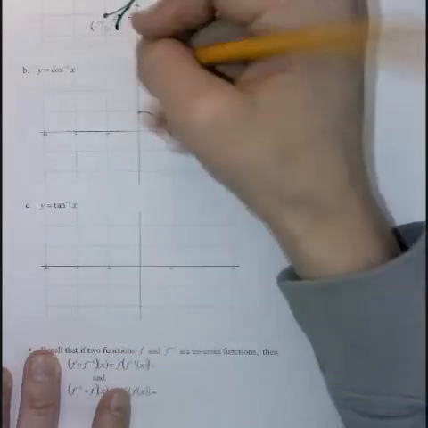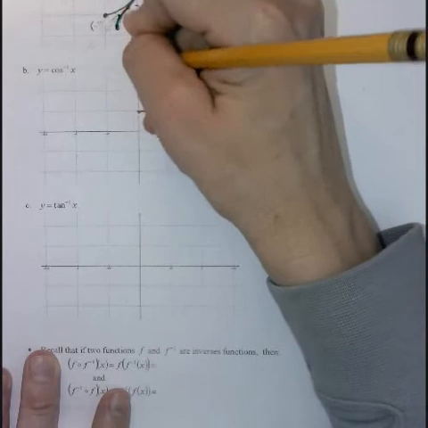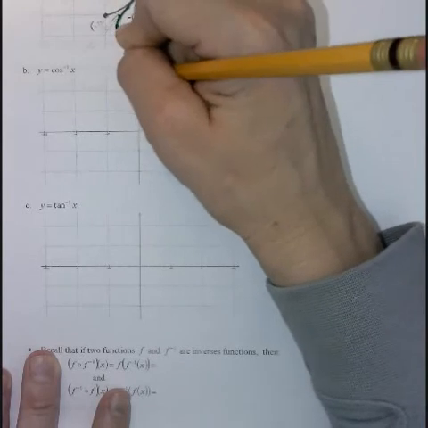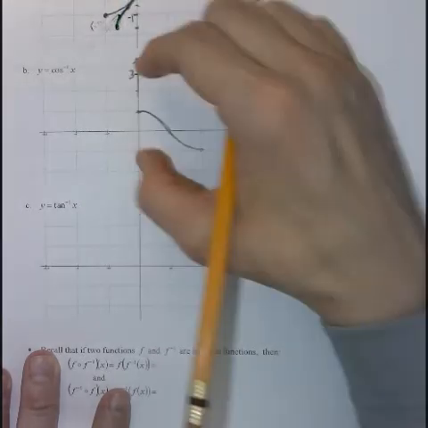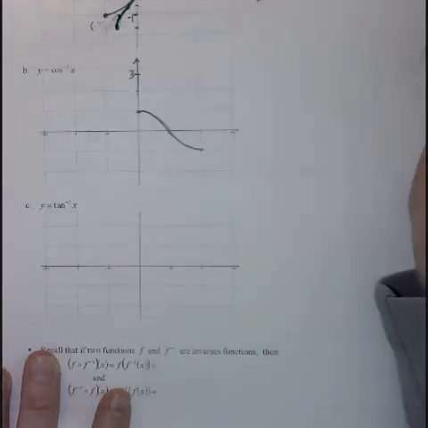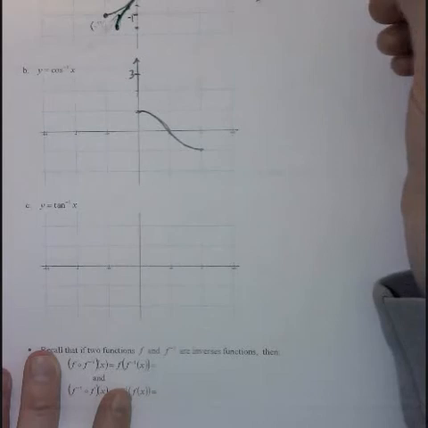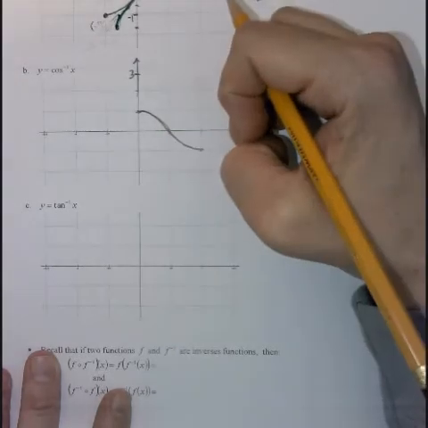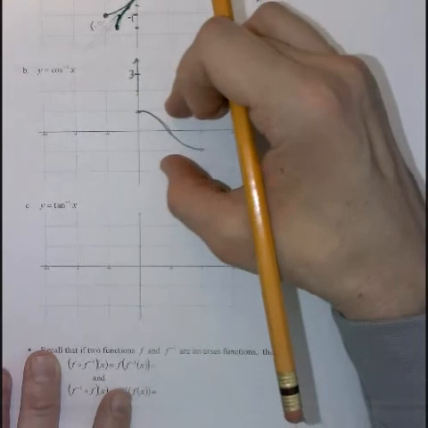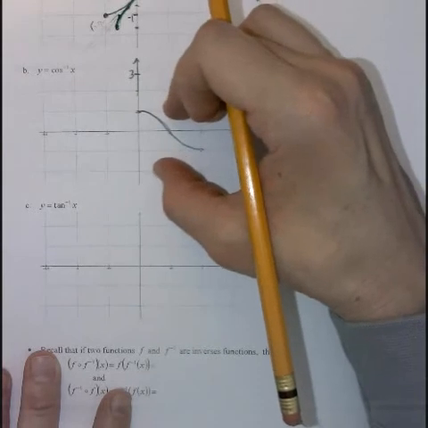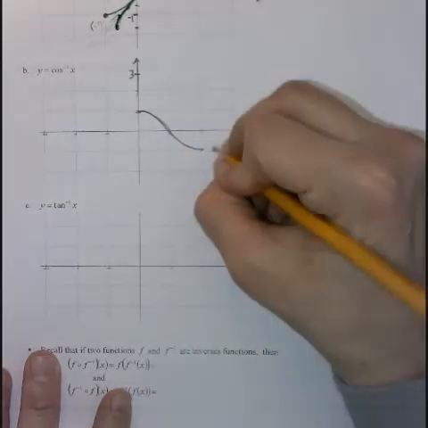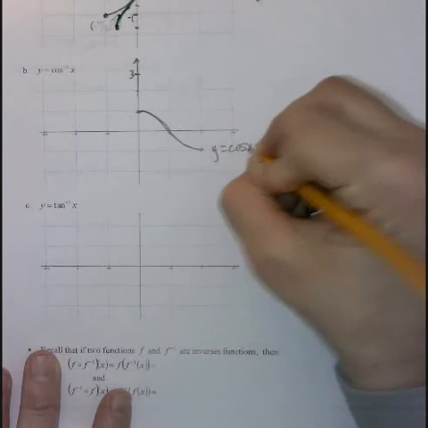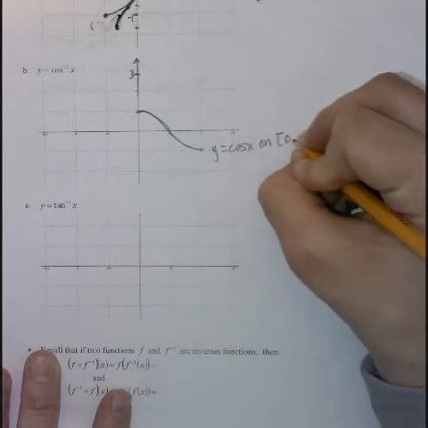I should have had a better graph here. 1, 2, 3. That's going to become the range of my inverse function. And then my domain is going to be negative 1 to 1. That's my original range of my cosine function. So again, this isn't the full cosine function, it's the restricted one, 0 to pi.